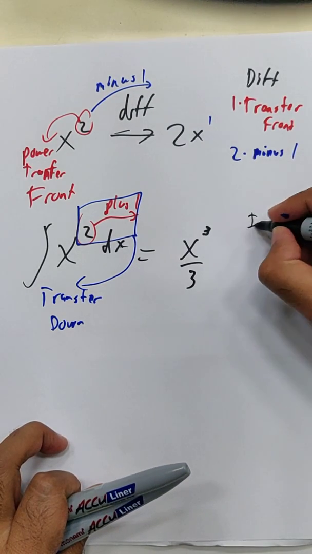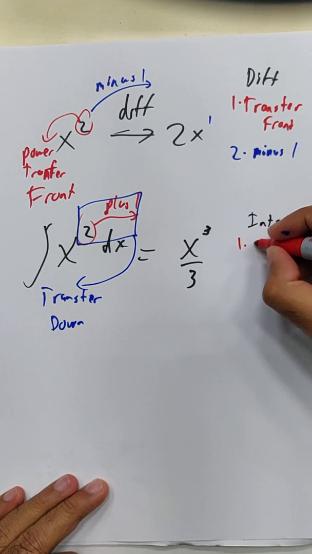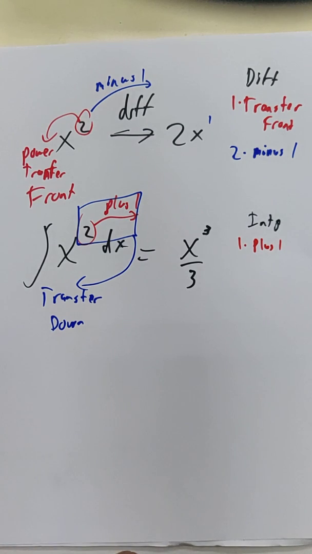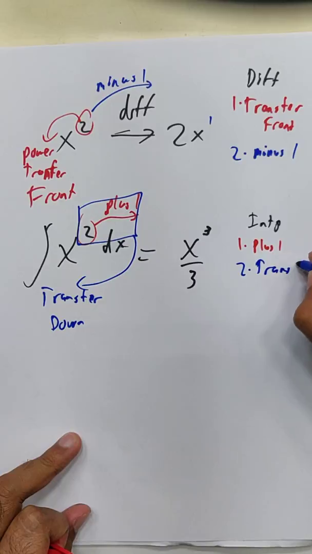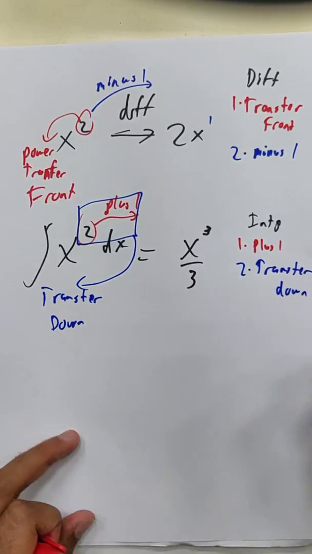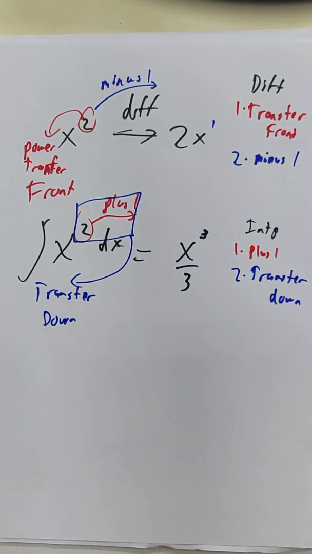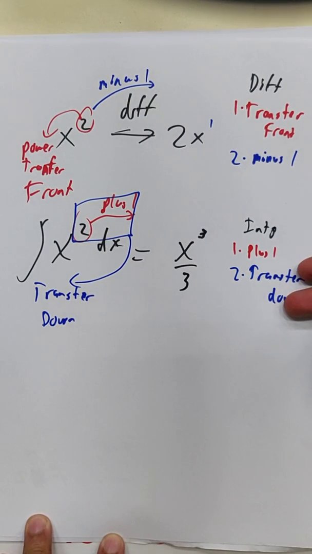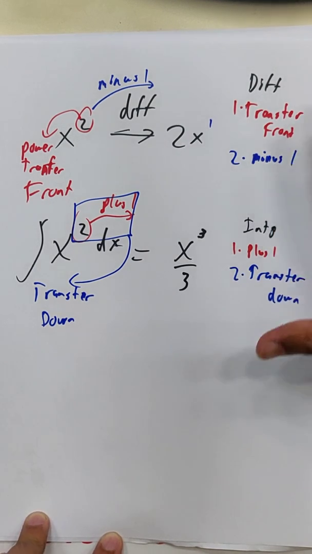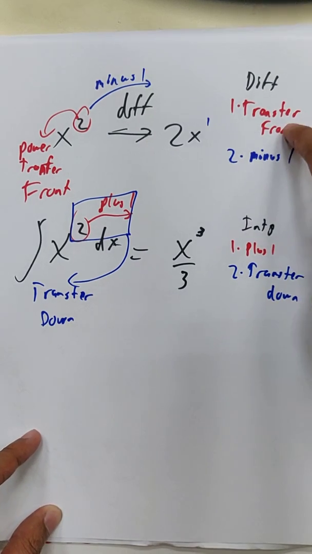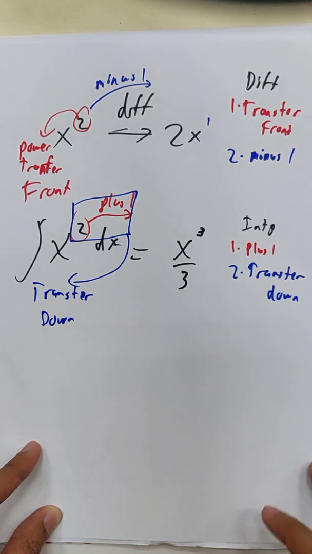So what about integration? Firstly, you plus 1 first, and then only you transfer down. I like to think of it that way, because I've seen people who mix things up. They use these steps and they get the wrong order. So don't get the order wrong. Remember, for integration, you plus first, then only you transfer. It's the other way around compared to differentiation.